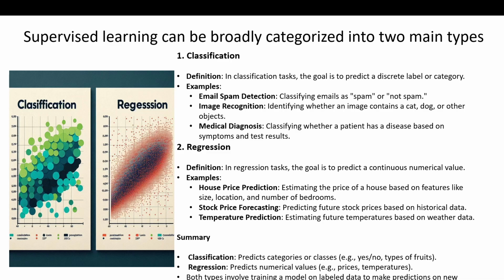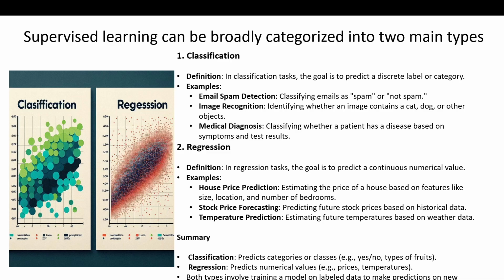The second type is regression. In a regression task, the goal is to predict a continuous numerical value. Remember, if you have numerical data, let's say temperature, which keeps on changing, then you can use a regression type. As you can see in the examples, we have house price prediction, stock price forecasting, temperature prediction.